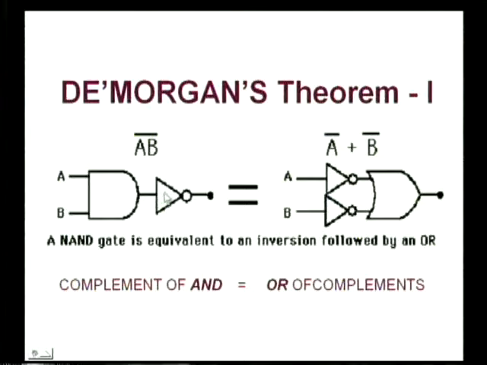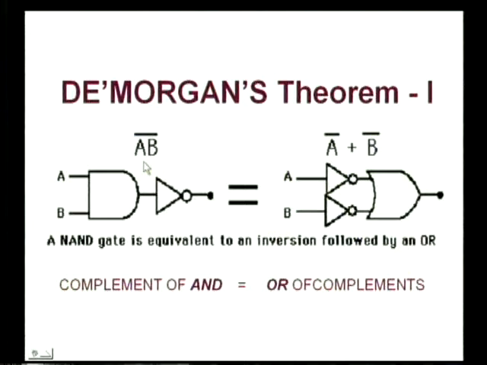So, a NAND gate is equivalent to an OR gate whose inputs are inverted. So, A and B whole bar is equal to A bar plus B bar. This is achieved based on the De Morgan's theorem procedure laid out in the previous steps. So, here we have the first equation, A ANDed with B whole bar.